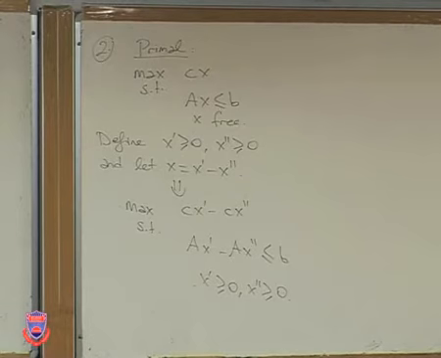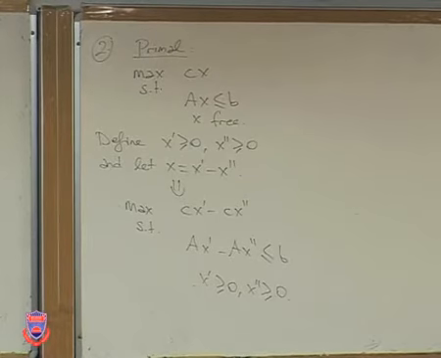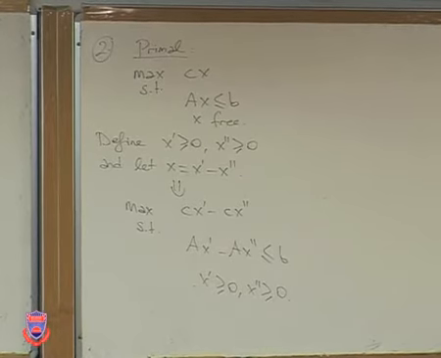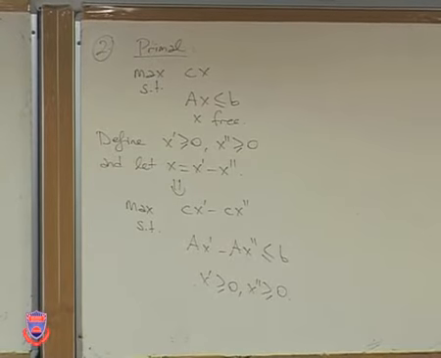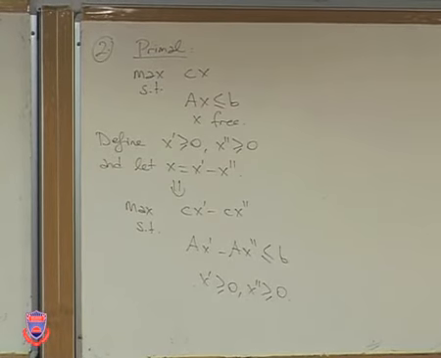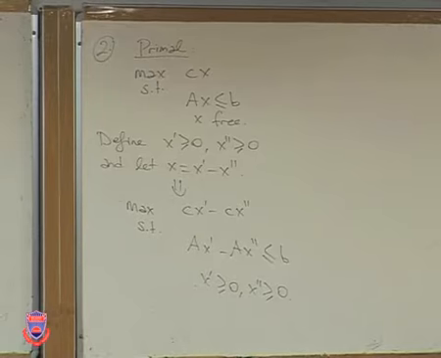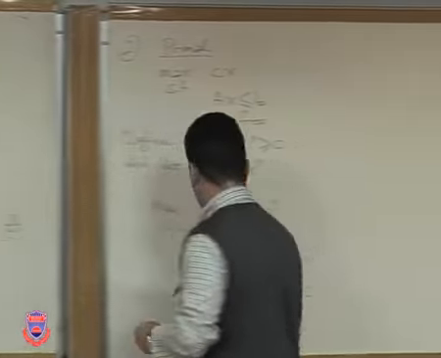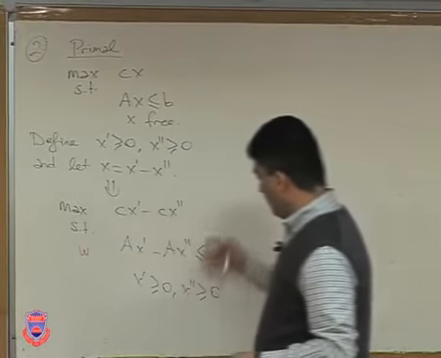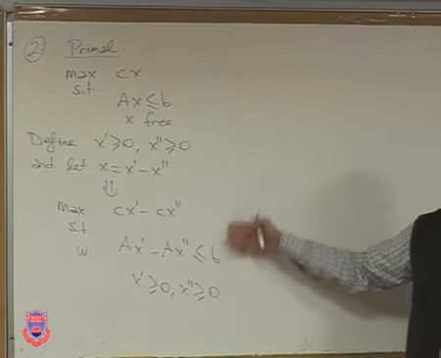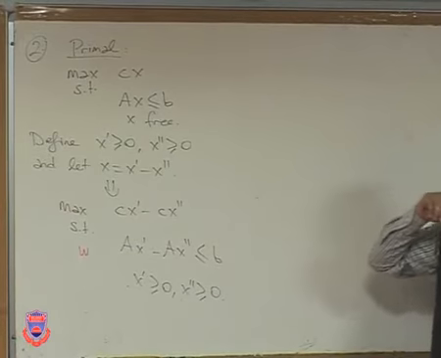Those two problems are equivalent, right? And secondly, if you look at the last problem, the second LP problem, that's exactly in the same form as this one. Which means that I can take the dual of this problem. This time I didn't change the number of constraints, so I still have the same number of constraints.